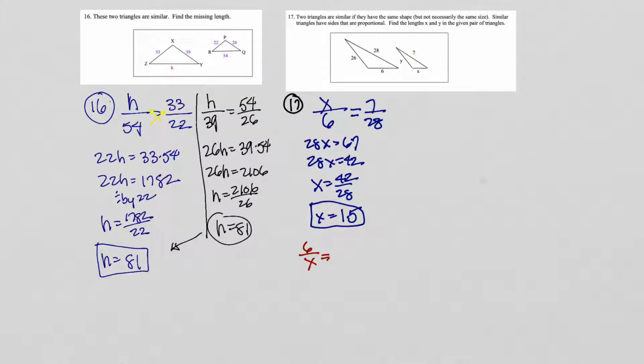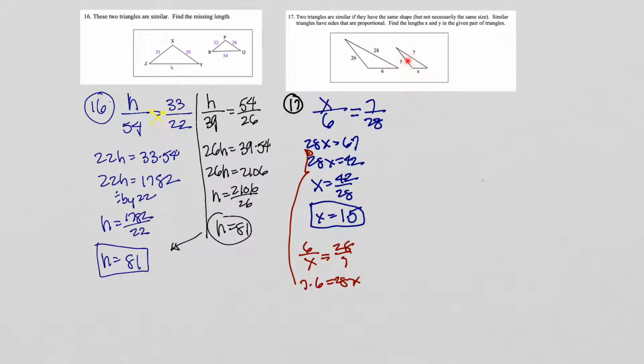So this is going to be as 28 is to 7. If you cross multiply, you get 7 times 6 is 28x. It's the same thing we had up here. So it doesn't matter which way you write it, you get the same thing in the end.